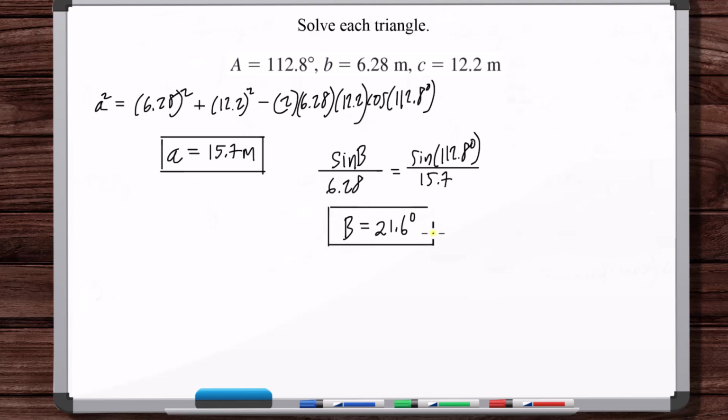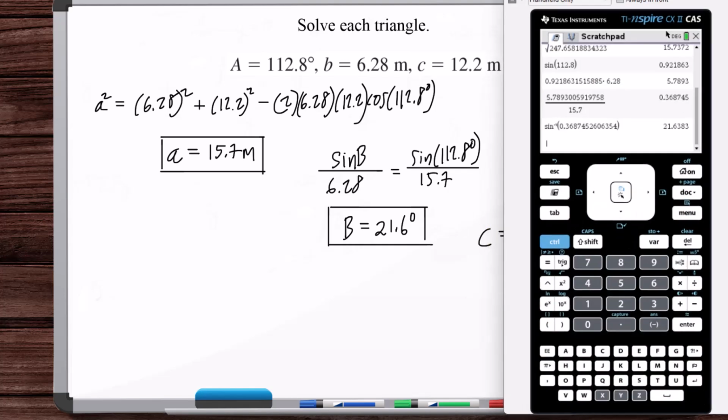Okay. Now angle C is this plus 112.8, 180 minus this, so 45.6 degrees.